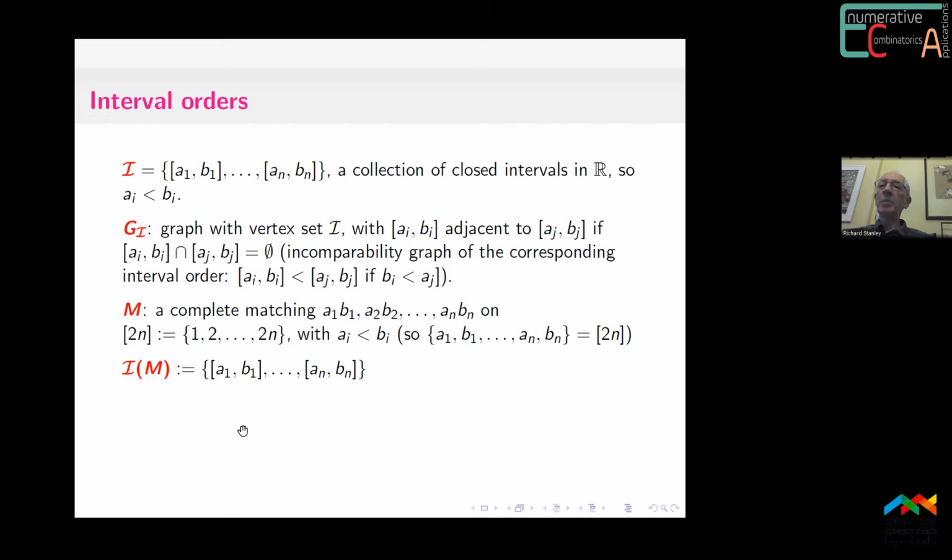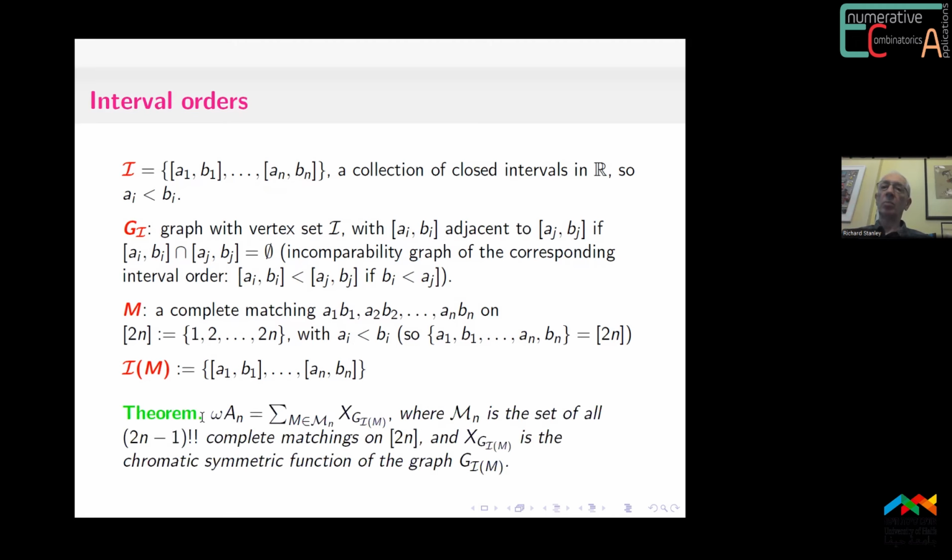Now let M be a complete matching on the set 1 up to 2n. In other words, just a partition into n two-element sets. The elements of these two-element sets I'll call a_i, b_i, with a_i less than b_i. And we'll consider these two-element sets to be real intervals. So the set of intervals associated with this matching are these n intervals [a_i, b_i]. And the theorem is the following.